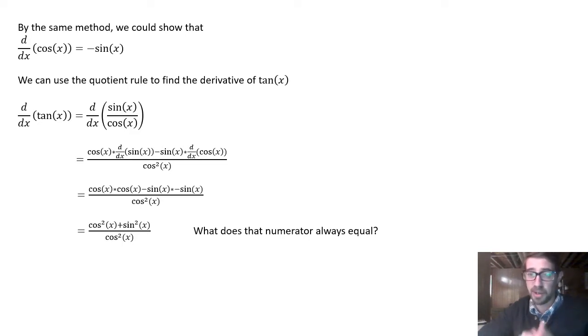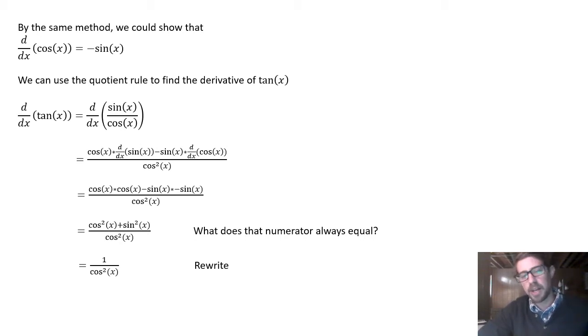And cosine squared plus sine squared, this is one of the only other things I expect you to remember from trig class, should be really ringing a bell, because cosine squared plus sine squared is always equal to 1, right? No matter what. That's a universal identity for any x, and it's what I call the fundamental identity of trig. So that is never going to go away. Okay, so this is it. It's 1 over cosine squared, but we don't leave it like that. It's just one of those conventions of math.